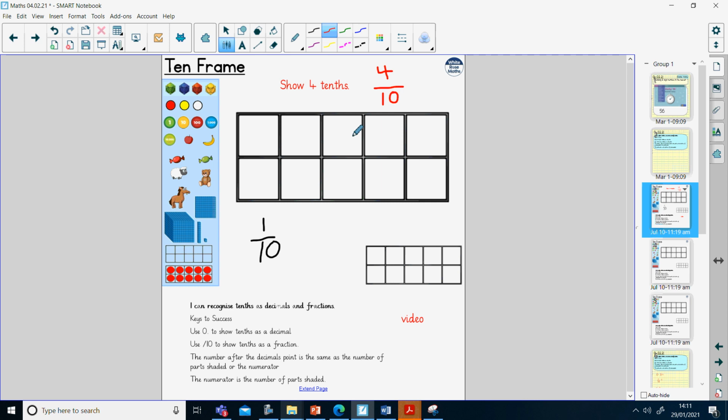So there are 10 parts altogether, and I'm going to shade 4 of them. 1, 2, 3, 4. I've shaded 4 tenths. We can also represent that as a decimal. So I'm going to show you a quick video that shows you the relationship between tenths as a fraction and tenths as a decimal.